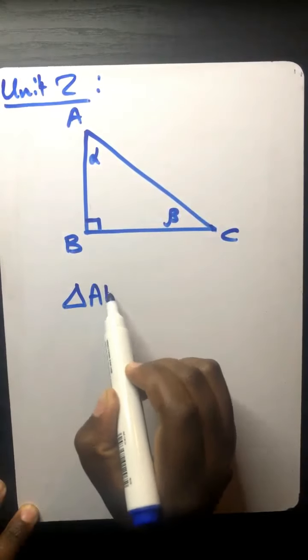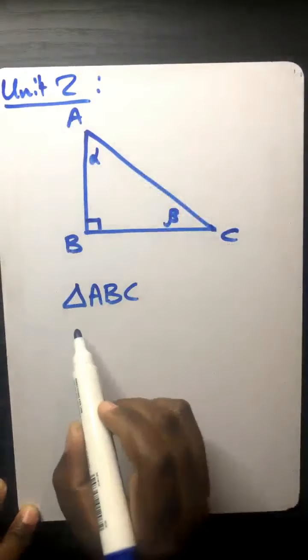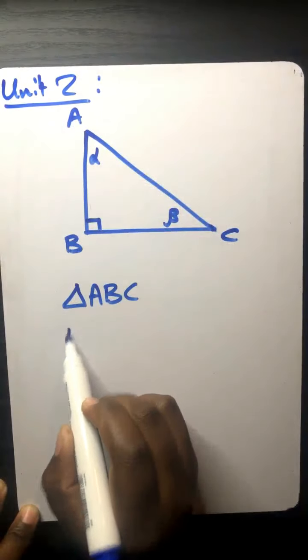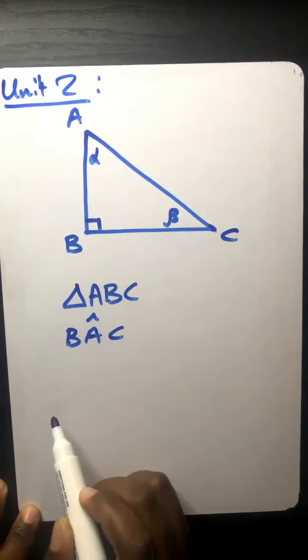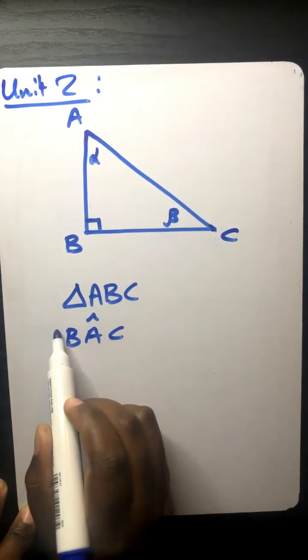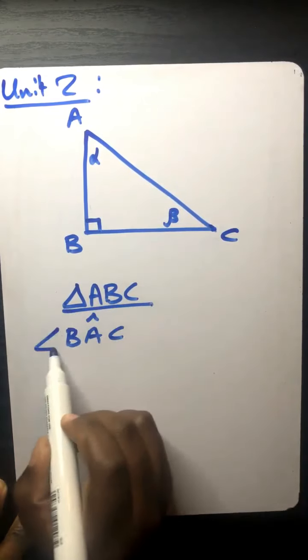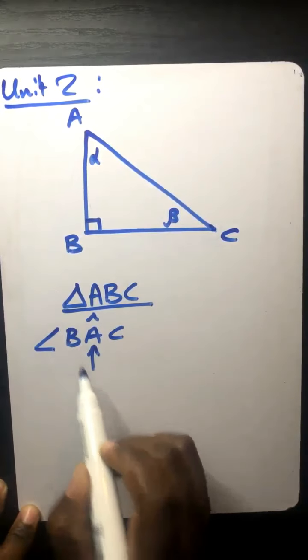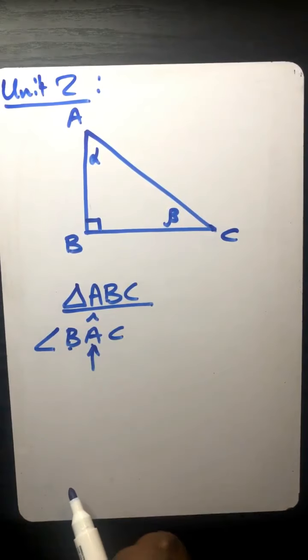So when we say triangle A, B, and C, we are referring to a right-angled triangle of A, B, and C. Then when we say B, A, C, we are simply saying in triangle ABC, angle A in that triangle of ABC. I'm not sure if that makes sense, LB, what I'm trying to explain there.